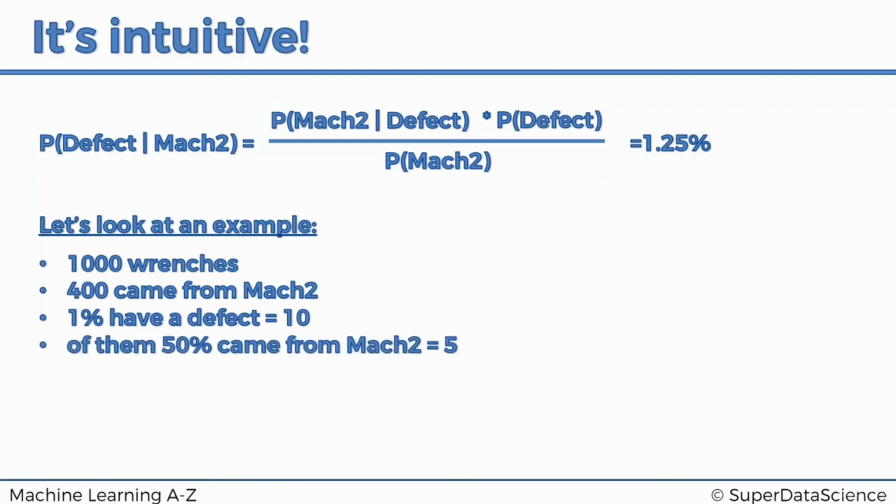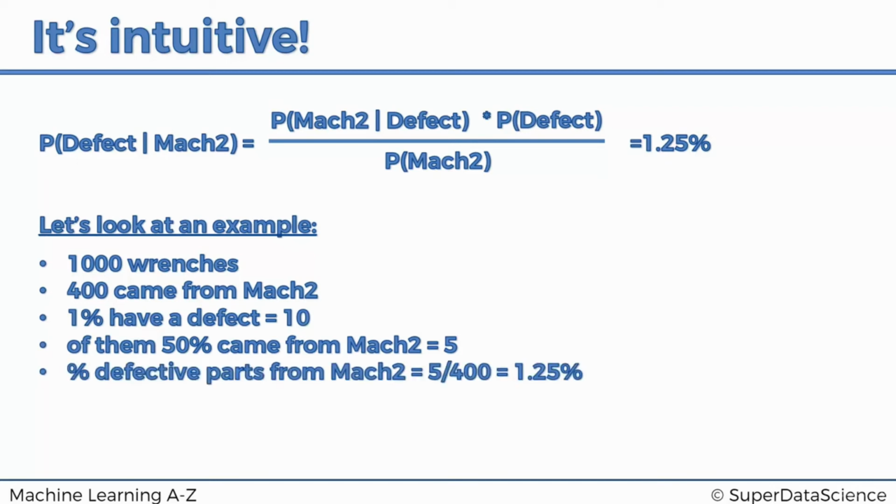Great. And so what's the next step? Next step is that we know that 50% of those 10 came from machine 2. So we know that exactly 5 of those defective wrenches came from machine 2. That was also given to us because those defective wrenches actually have labels on them, and we can tell by the labels that 5 of them came from machine 2.